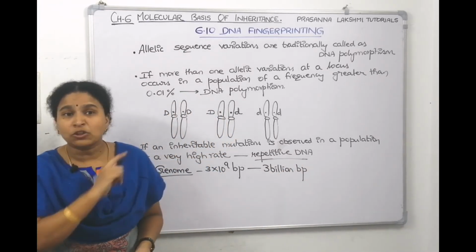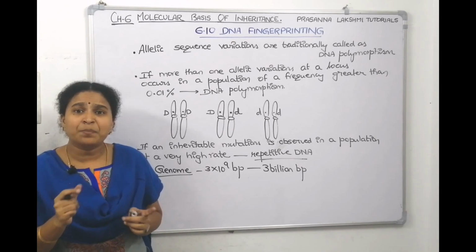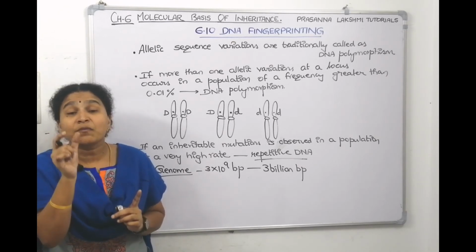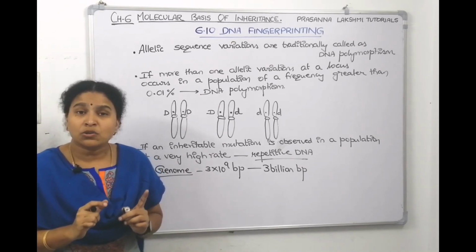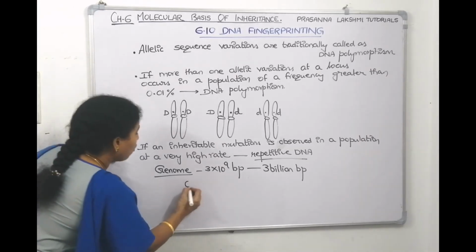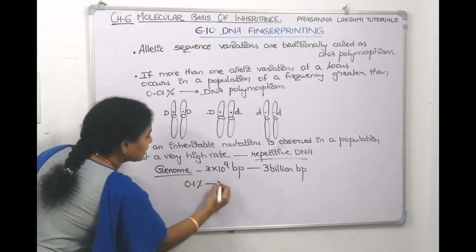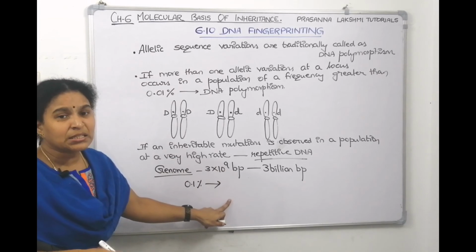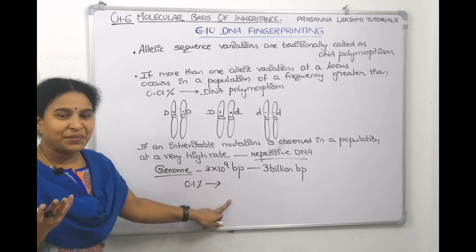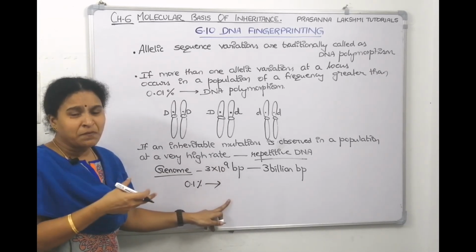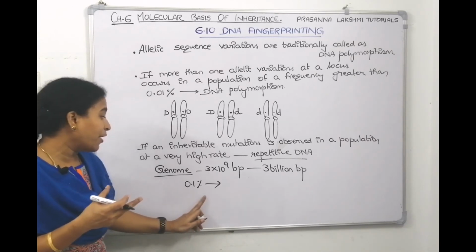In the starting of the topic, I told you that 99.9% we are similar. Only 0.1% we are dissimilar. So in NCERT, they asked us to tell how much we are different in terms of bases. In terms of percentage, it sounds very little, but don't underestimate this 0.1%.